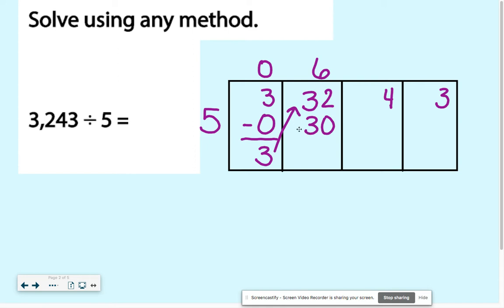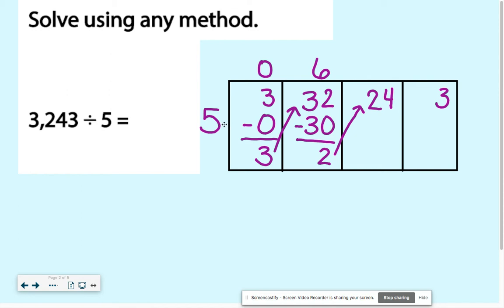We're going to find the difference now between those, which is 2. Now we carry our 2 up to the next place. It's really important that you draw those arrows going to the next box so it shows what you moved over.